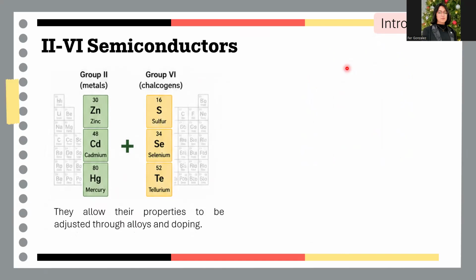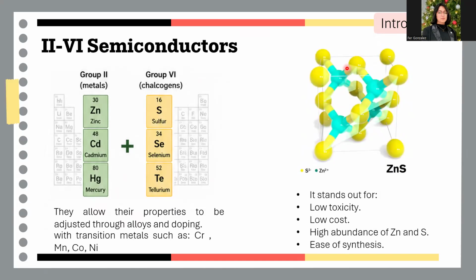There is a great interest in abundant and less toxic materials. In this context, compounds such as zinc sulfide stand out for their low toxicity, low cost, and high abundance of zinc and sulfur, because they are easier to synthesize, among others.